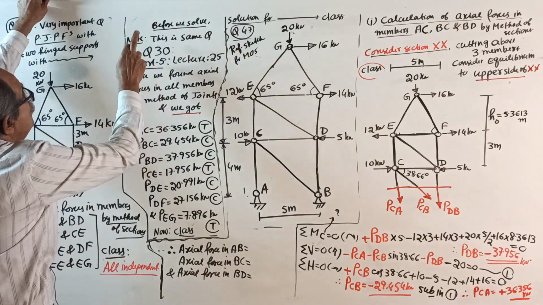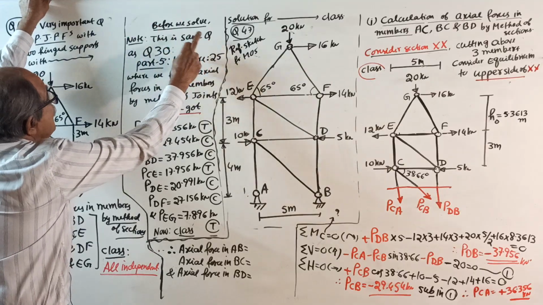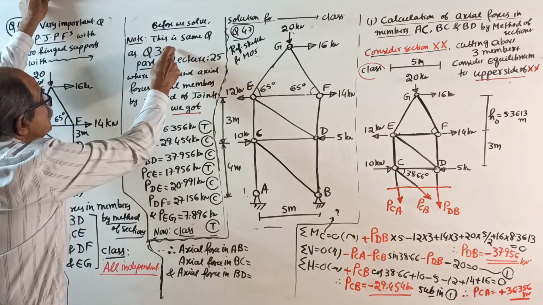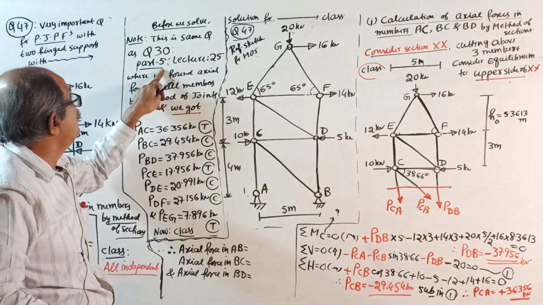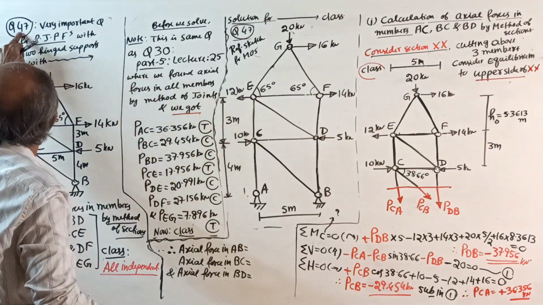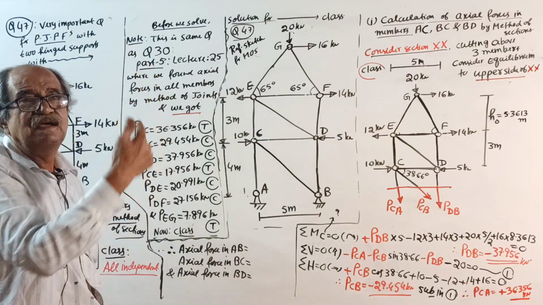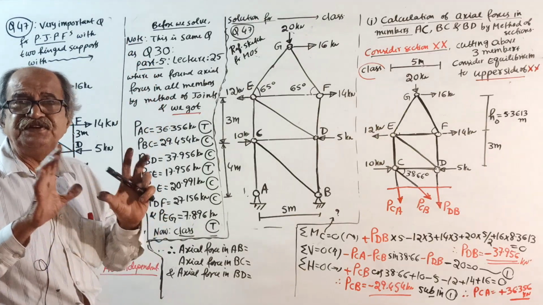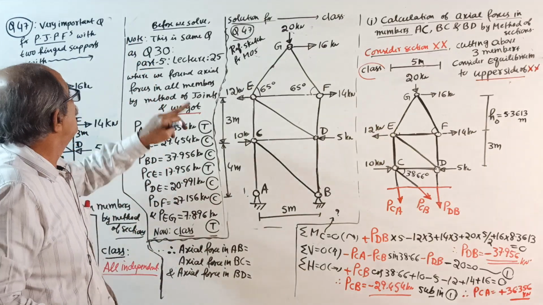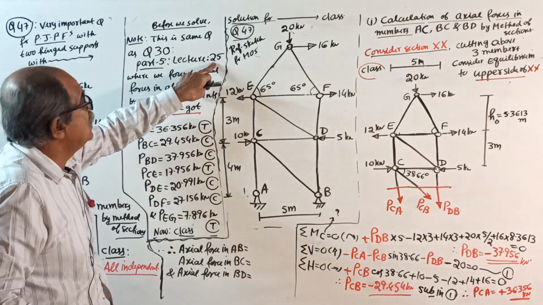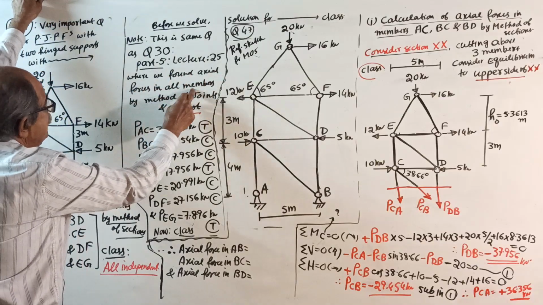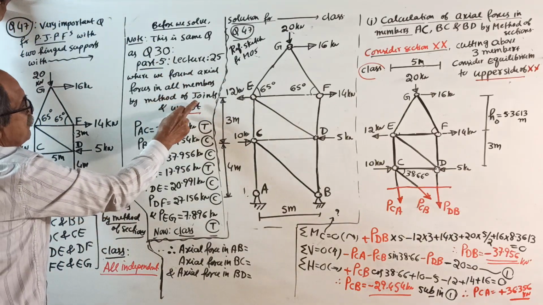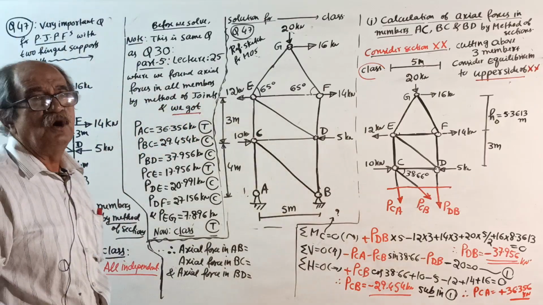Before we solve, note, this is the same question as question number 30, part 5. Today's question number is 47. Go back. In the playlist you can see the systematic order uploaded. Question 30, lecture 25, where we found axial forces in all the members by method of joints, not section.